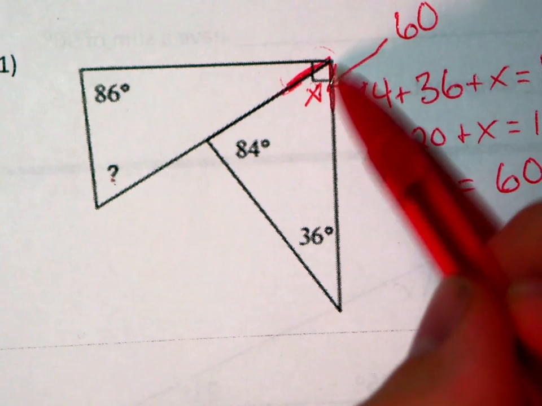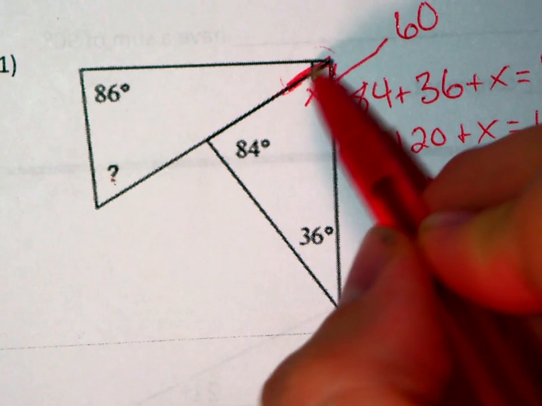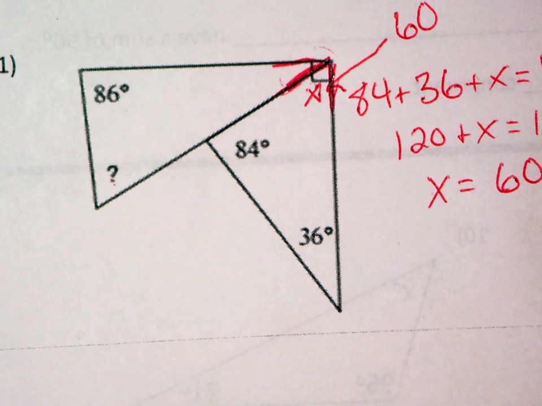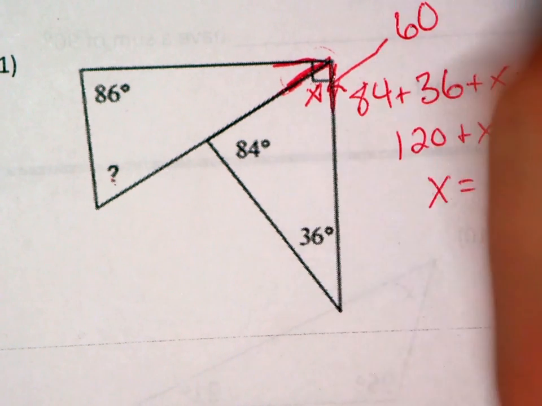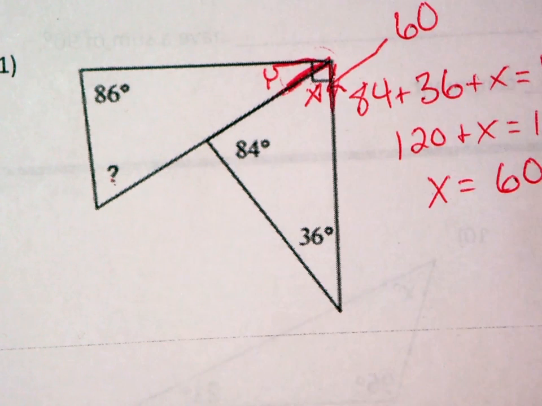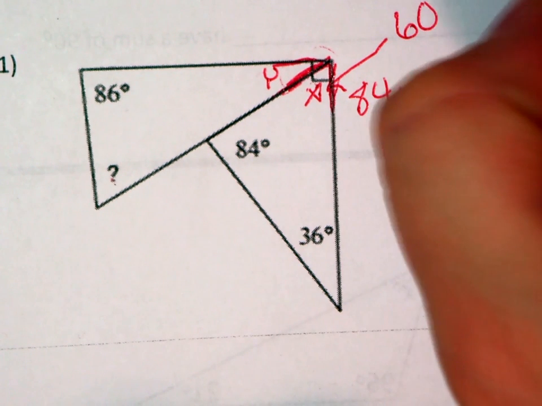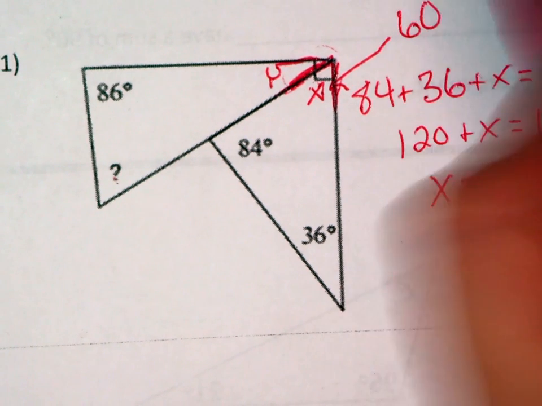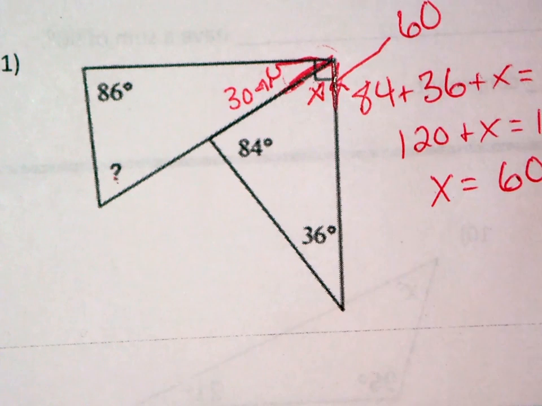Well, now that I know that this angle on the triangle is 60 degrees, and it plus the third angle in this other triangle together equal 90, I know that 60 plus this missing angle, I will call y, equals 90 degrees. Simple one-step equation, 60 plus 30 equals 90. So now I know that my angle y is 30 degrees.